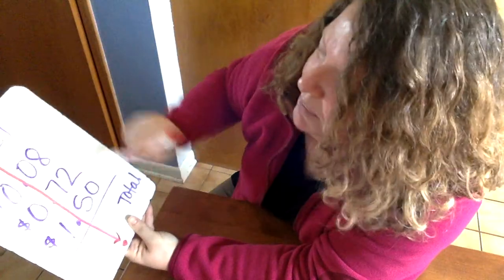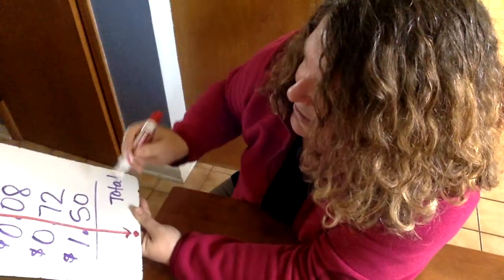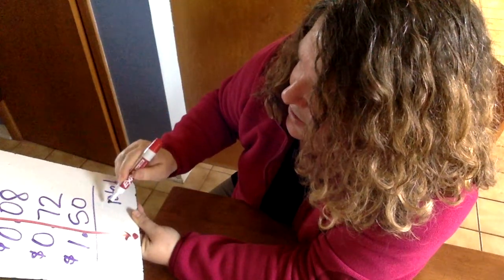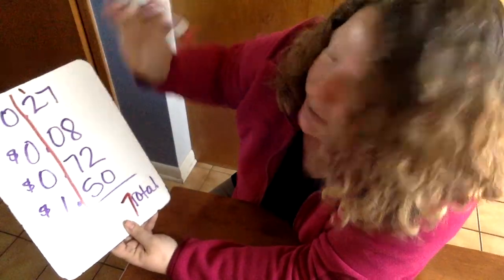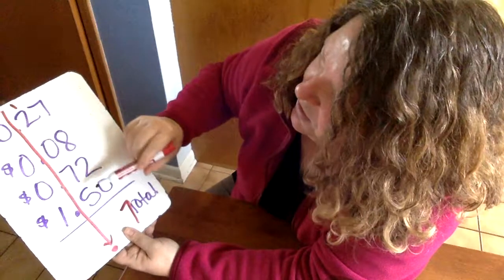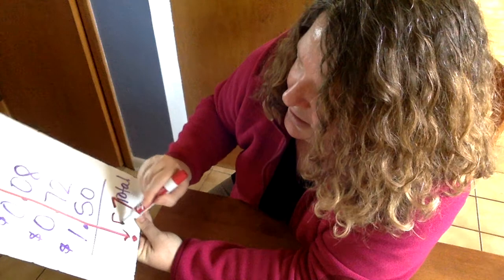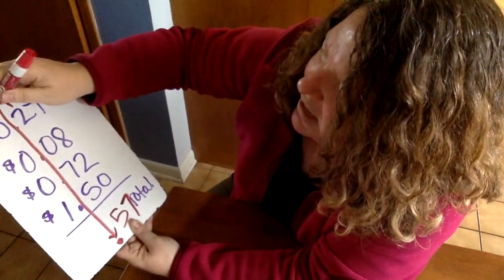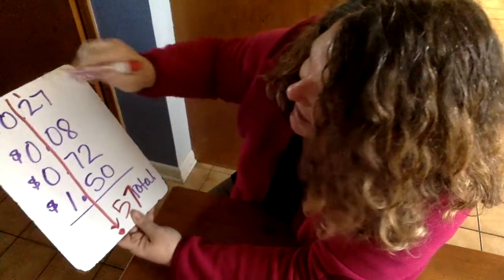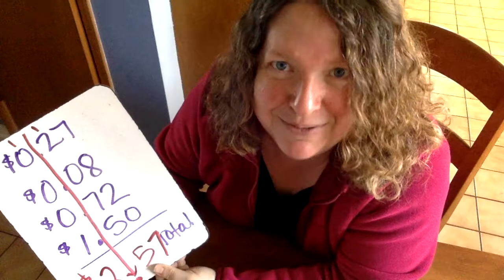So 8 and 2 is 10, and 7 is 17, so we know that there is 17 cents. We add another dime up here. So 7 and 2 and 3 is 10, and 5 is 15, and those are cents. So we add another $1 up there, and now we're at $2.57.